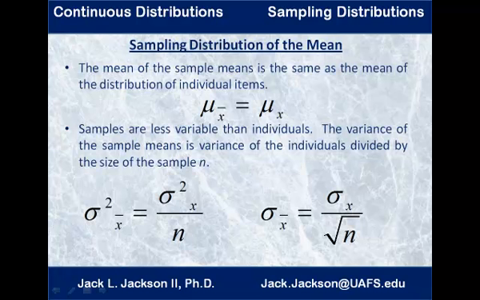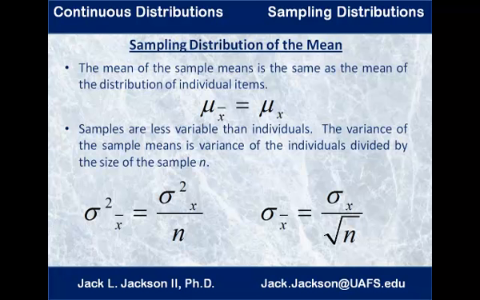So here's one of the bottom lines that we found out here. The mean of the sample means is the same as the mean of the distribution of individual items. We can say that symbolically as mu of the x bars is the same as mu of the x's. But samples are less variable. They have the same center as individuals do, but they have less variability.